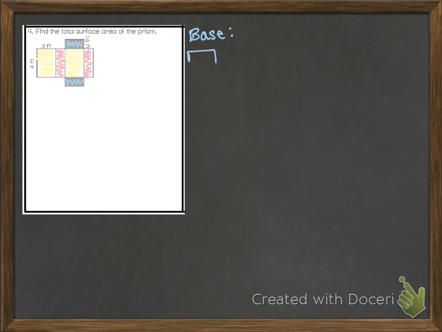So our base right here is 1.5, and here, which happens to be 3, according to this. Let me just draw it. So area of a base, area equals 3 times 1.5.